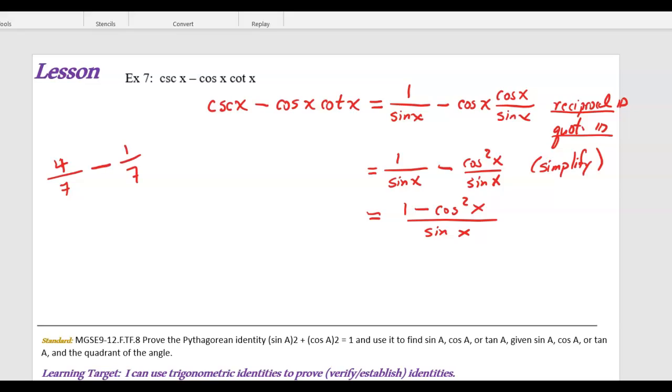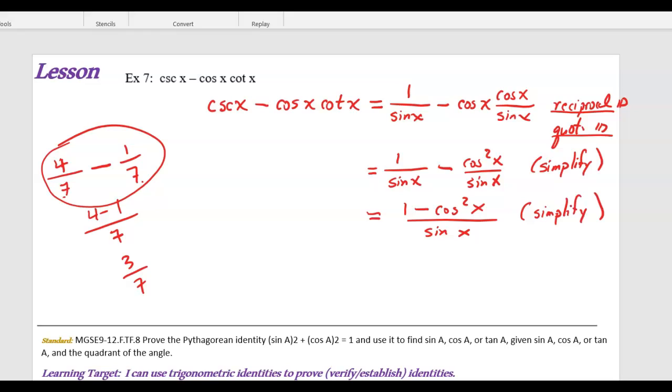Well, that's just 4 minus 1, which is 3 over 7. So when you see this and you have a common denominator, you can combine, no different here. So 1 minus cosine squared of x all over sine of x. How do I know that? Simplify. That's just subtracting two fractions with a common denominator.